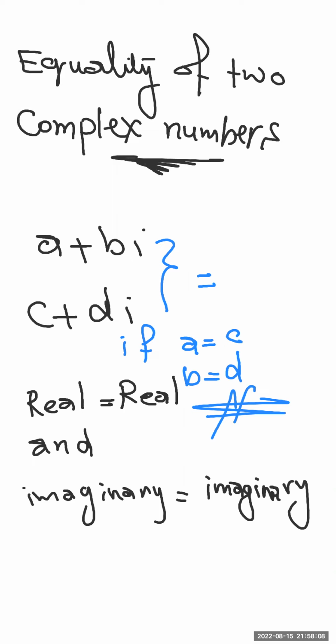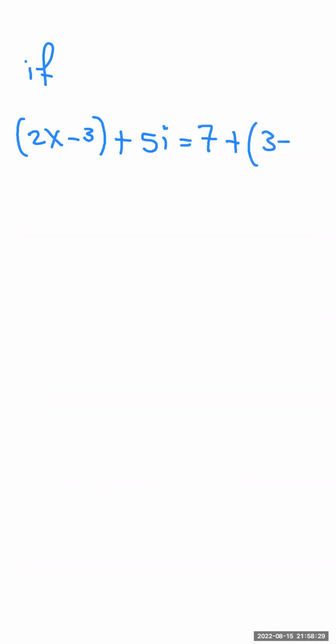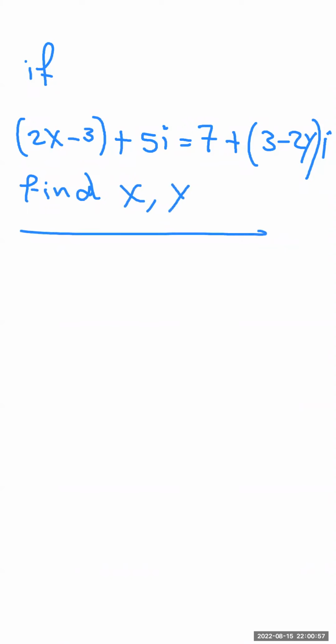For example, 2x minus 3 plus 5i equals 7 plus (3 minus 2y)i. Then find x and y.